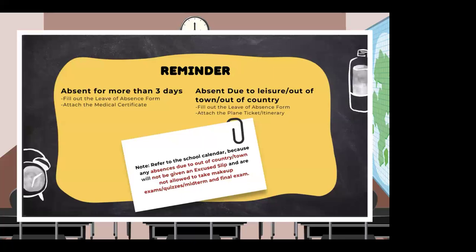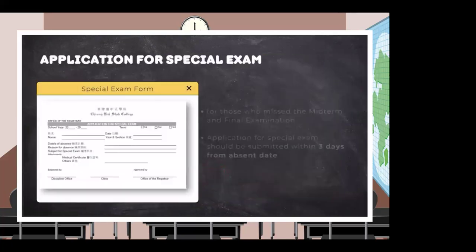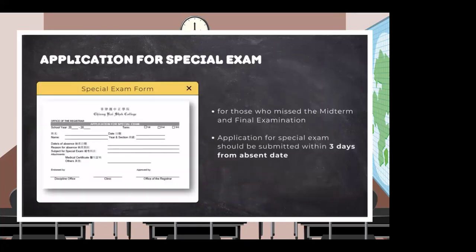Note, refer to the school calendar because any absences due to out of country or out of town will not be given an excuse slip and are not allowed to take makeup exams, quizzes, midterm, and final exam. For those who miss the midterm and final examination, there is a separate form for special exam, so you need to apply for the special exam form and it should be submitted within 3 days from the absent date.